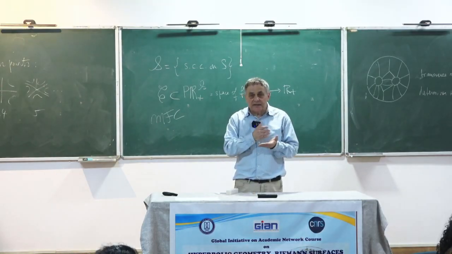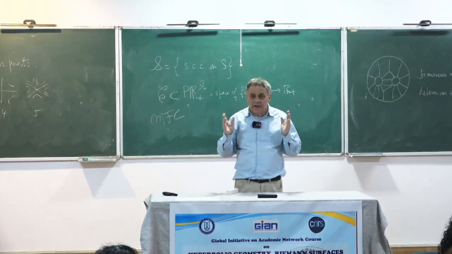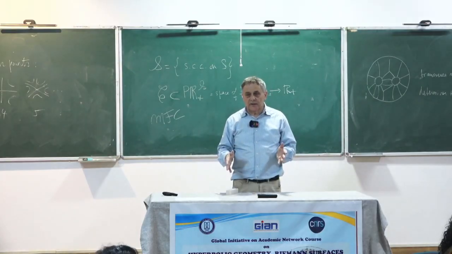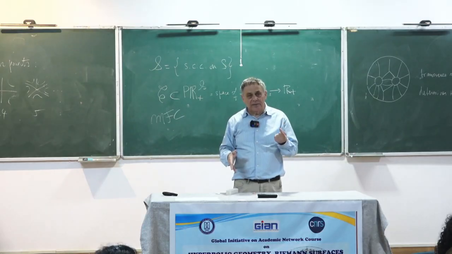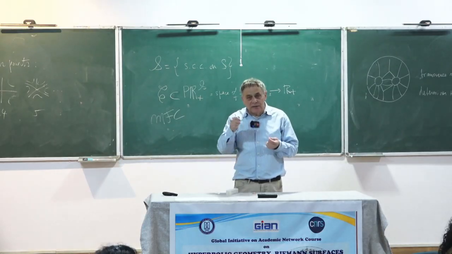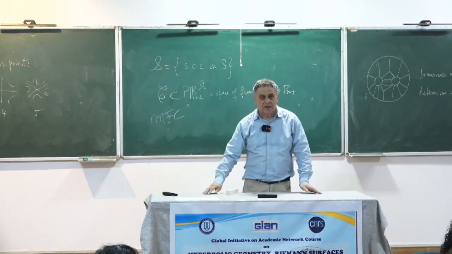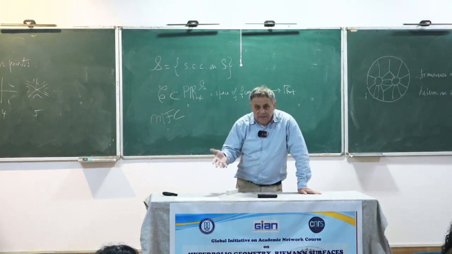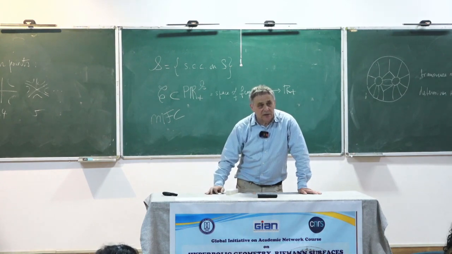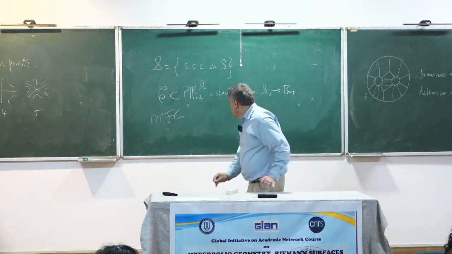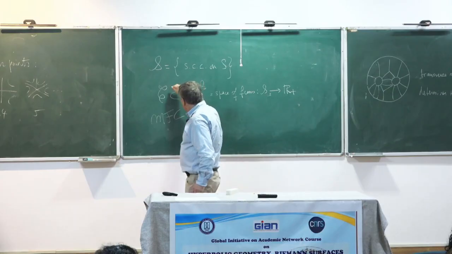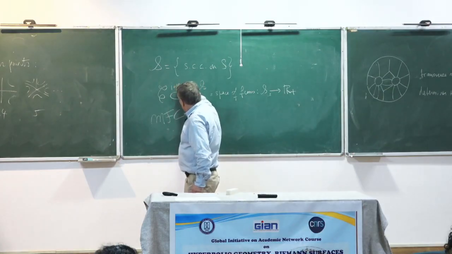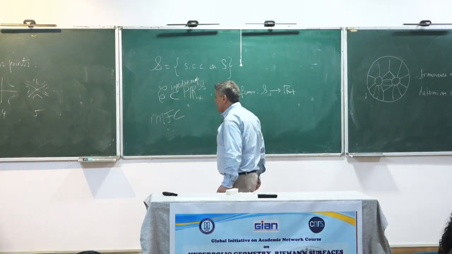The length spectrum up to a constant will give you the length spectrum, right? There's only one hyperbolic structure up to homotopy which is the length spectrum of some hyperbolic structure. Okay. So in fact, this is an injective map.